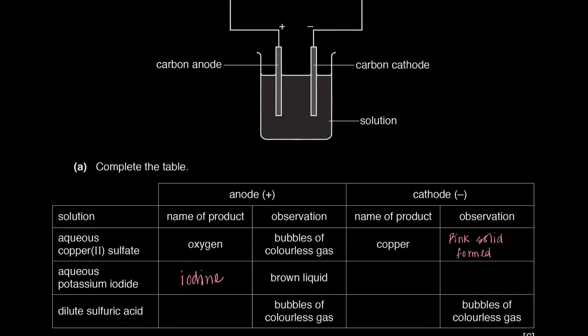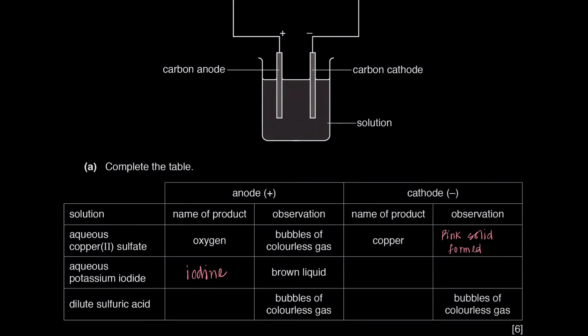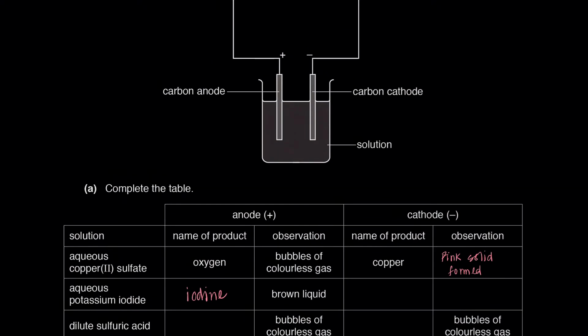So what's going to happen at the product? We have what positive ions present here in the solution. The positive ions for aqueous potassium iodide will be H plus ions and potassium ions. Which of the two will discharge? Potassium is at the top of the reactivity series and hydrogen is close to the bottom, and hydrogen will discharge because ease of discharge increases as you go down the reactivity series.